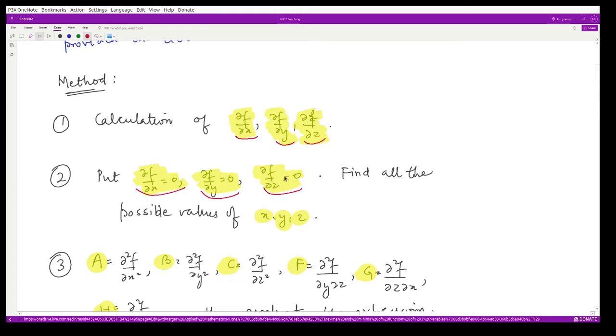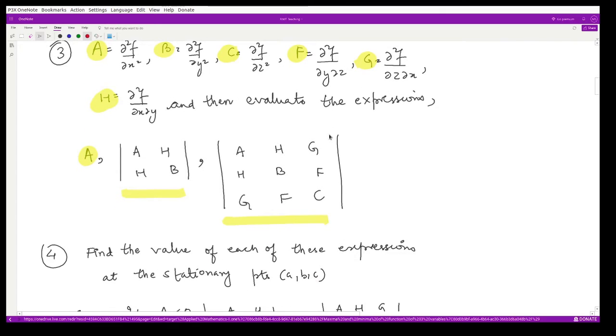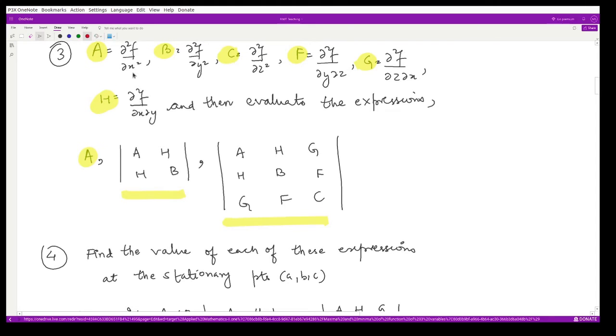By equating them to 0, you have three equations in three variables. You will calculate the values of x, y and z from those three equations, and thereafter you will calculate capital A, capital B, capital C, capital F, G and H, whose values are the second derivatives with respect to x, with respect to y, with respect to z, and then the mixed derivatives, firstly with respect to z and then y, and then x and z, and then y and x.